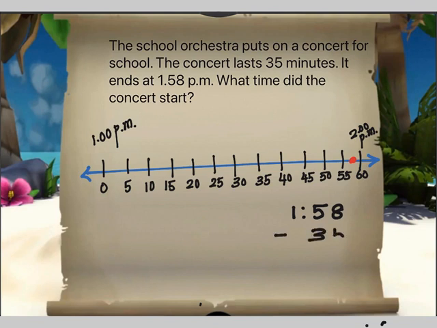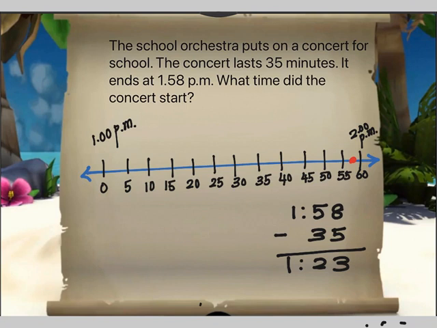So let's subtract the minutes that it lasted, so that we will get the start time of the concert. 8 minus 5 is 3. 5 minus 3 is 2. And then the hour goes down, so 1:23.